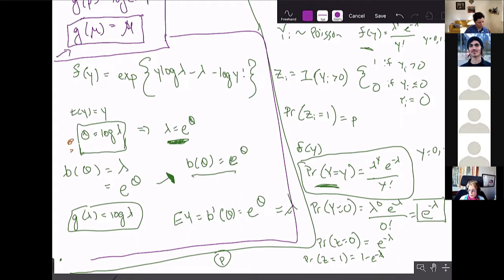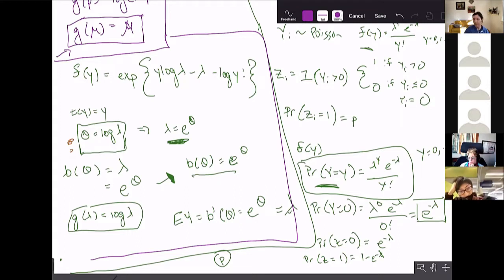I've got the exponent of y log lambda minus log 1 over y factorial.